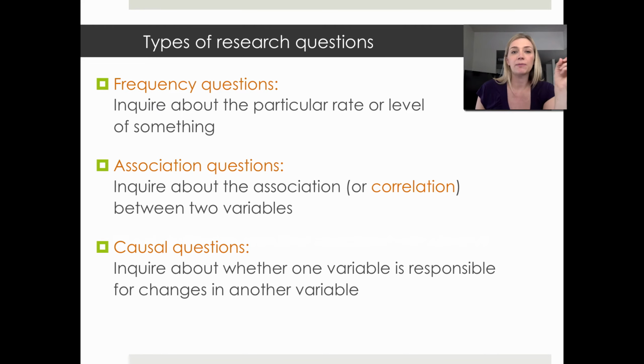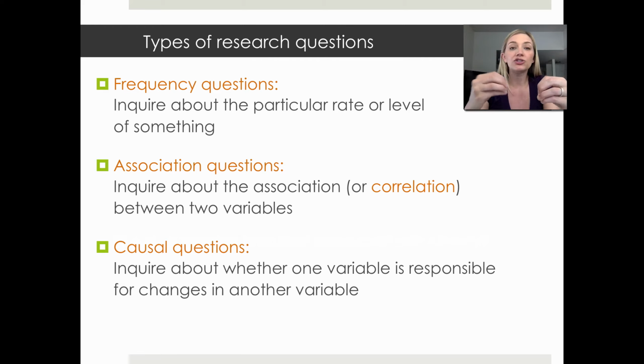The last type of question is a causal question. So here we're asking about whether one variable is responsible for changes in another variable. Or in other words, does one variable have a causal effect on another variable? Here we're going beyond describing whether these two variables occur at the same time.